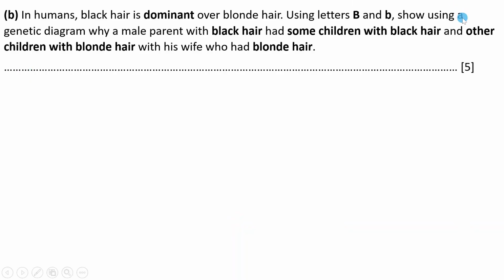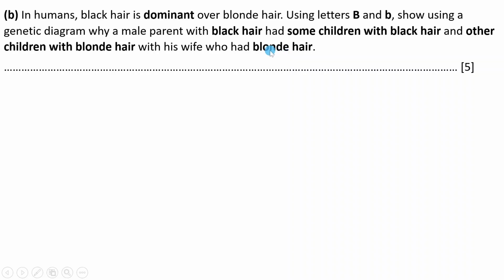Using letters capital B and small letter b, show using a genetic diagram why a male parent with black hair had some children with black hair and other children with blonde hair with his wife who had blonde hair.